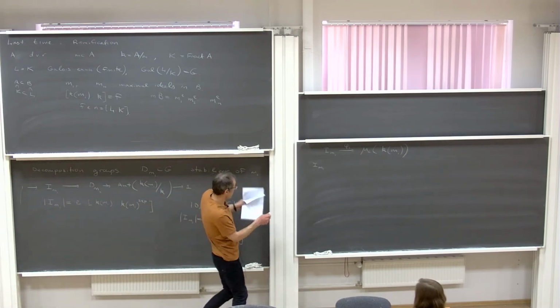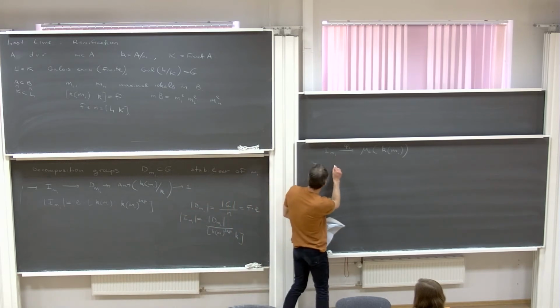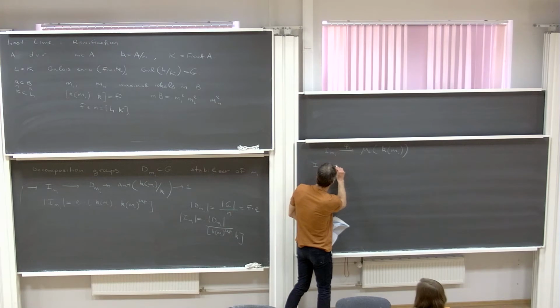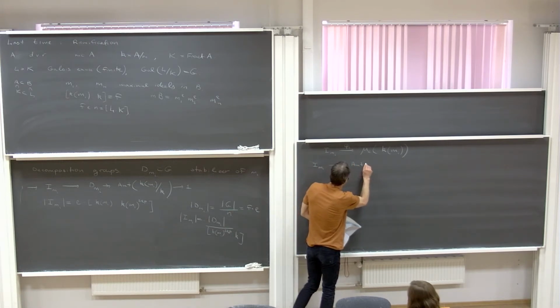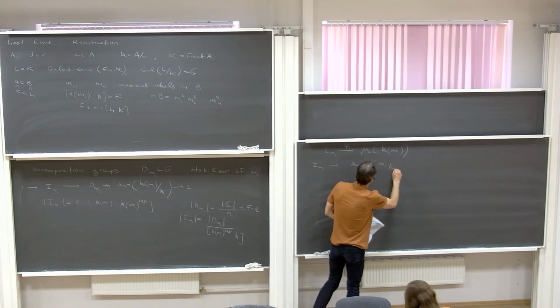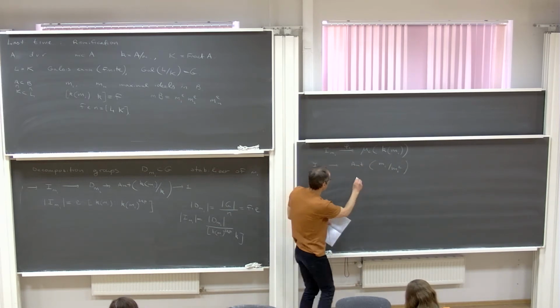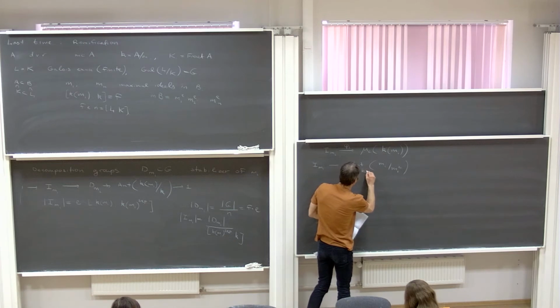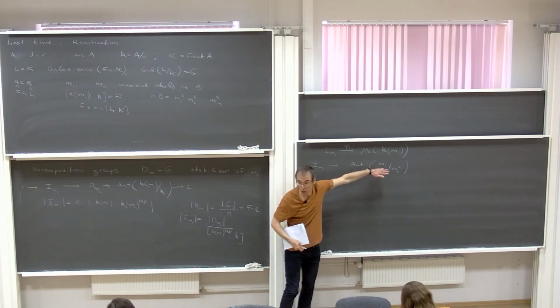So since it preserves the maximal ideal, it acts on Mi modulo Mi squared. It acts on this vector space, and it acts by k of Mi linear transformations of this vector space, right?